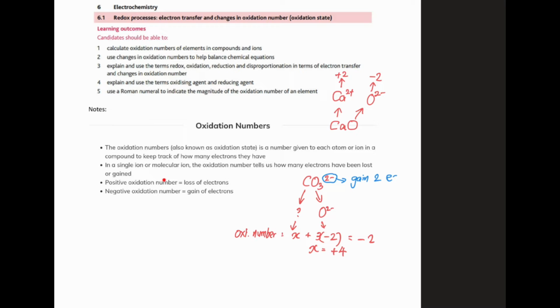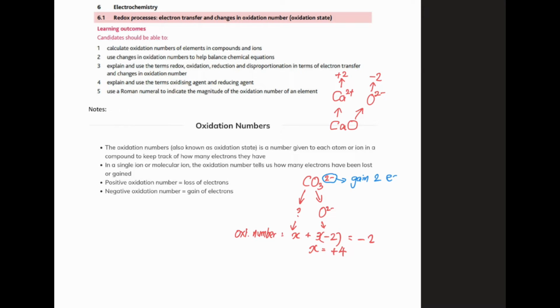Positive oxidation number means there is a loss of electrons. A negative oxidation number means a gain of electrons. For example, calcium 2 plus, loss of 2 electrons. Oxide, O2 minus, gain of 2 electrons.